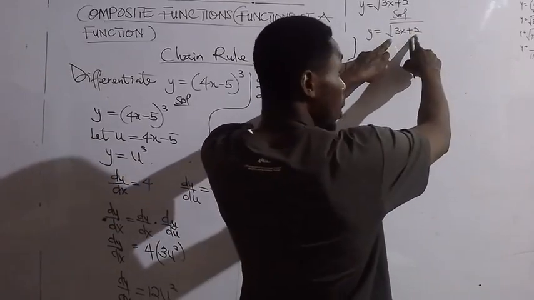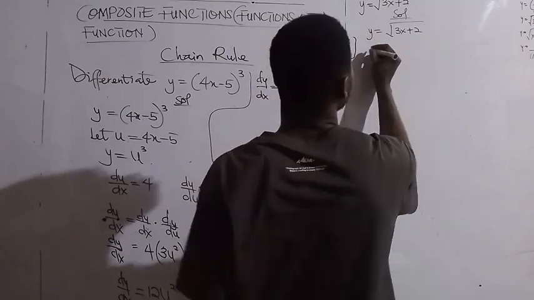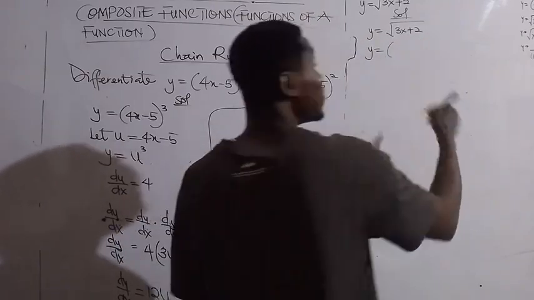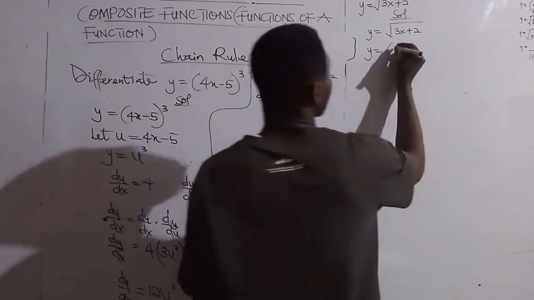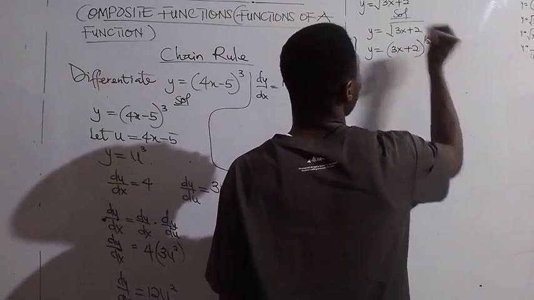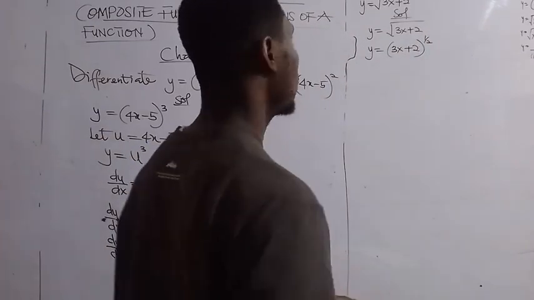So we write it properly so that it can fit in: 3x plus 2, all to the power 1 on 2. Are you getting the point?